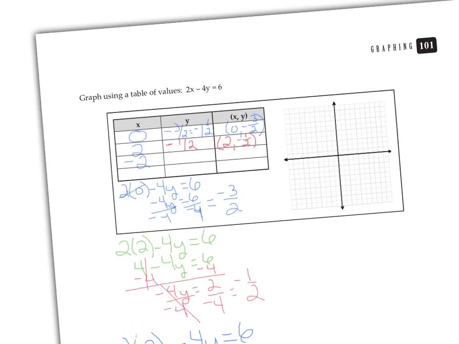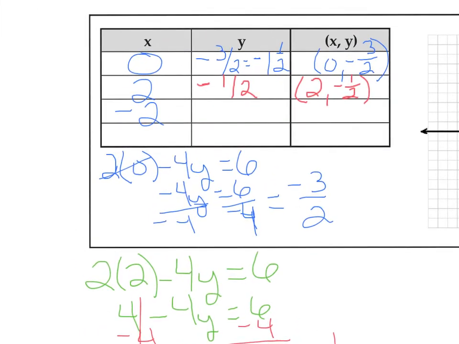So on the table, negative 5/2, which is equal to negative 2 1/2. So the ordered pair here is negative 2, negative 2 1/2. Let's write it as an improper fraction. Negative 5/2.